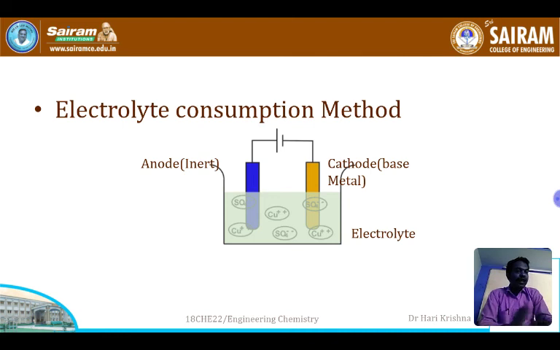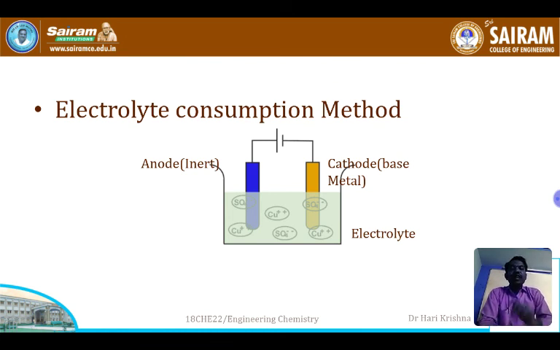Now the anode is inert. Let us take the previous example itself: I am supposed to coat copper on the surface of the base metal, or cathode. But the anode is inert and does not undergo any reaction. So how do we coat copper?